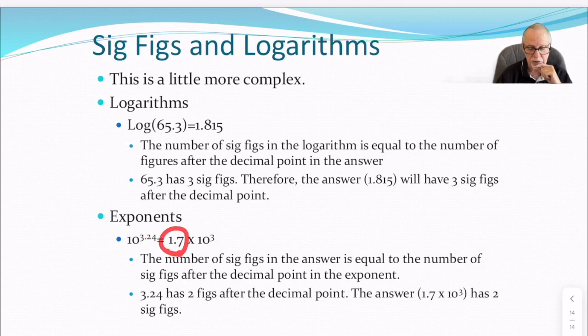So my answer is going to be 1.7 with 2 sig figs. Again, this might be confusing, but the 3 here in this number is actually reflected in the 10 to the third power. So that's in the power. The numbers after the decimal point then determine the number of sig figs in our answer, 1.7. All right, I hope that's clear.